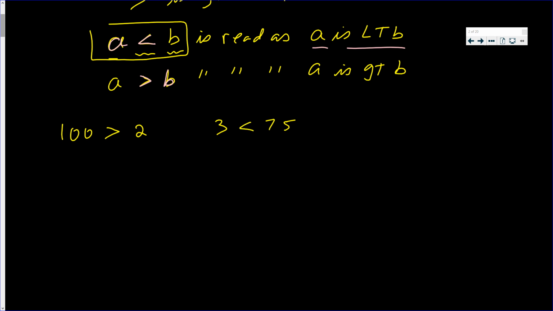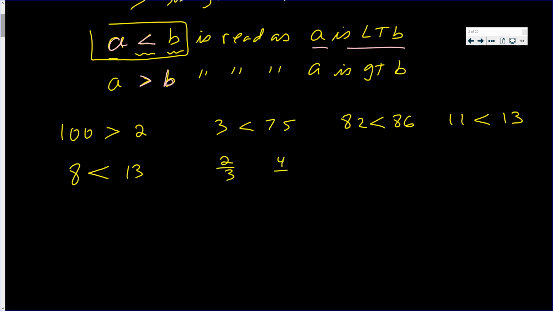Arrowhead goes towards the smaller number. 82 and 86. 82 is smaller. So I put the arrow that way. 11 and 13. 11 is smaller. 8 and 13. 8 is smaller. The symbol points to the smaller number.